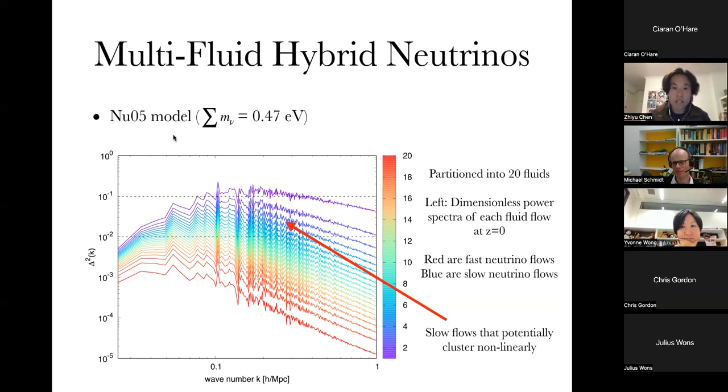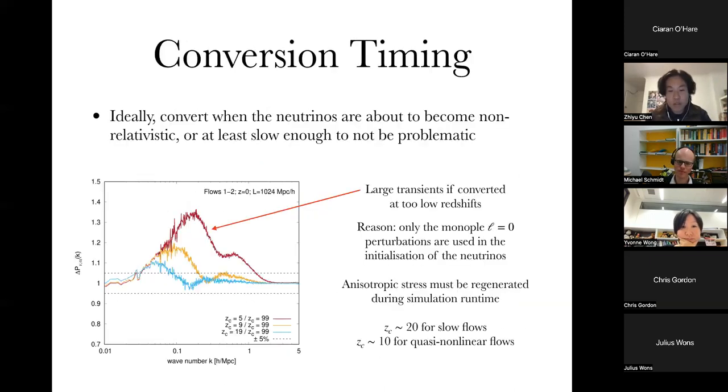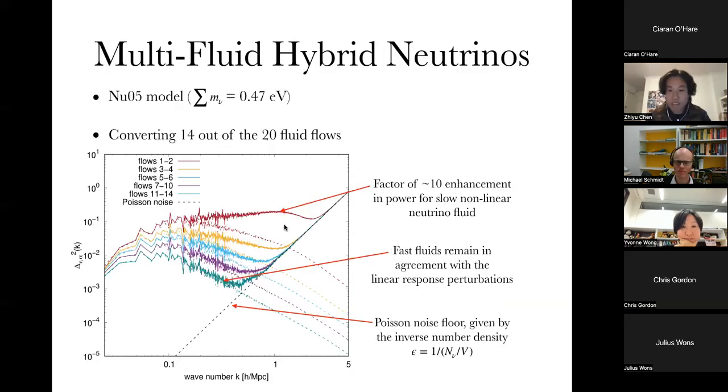So ideally you run a simulation where the CDM is set up so that it is exactly what the Virgo cluster and the local group look like. And then you run this hybrid neutrino on top of that simulation to see how many end up on Earth. If the slow neutrinos show a factor of 10 enhancement like this, then I don't know exactly how much difference, but hopefully it should be something you can see a discernible difference at least.